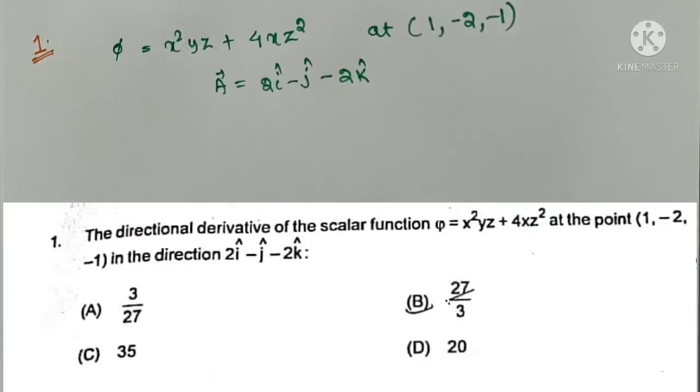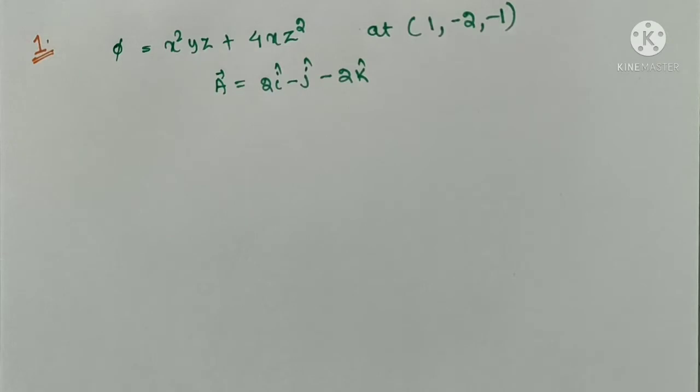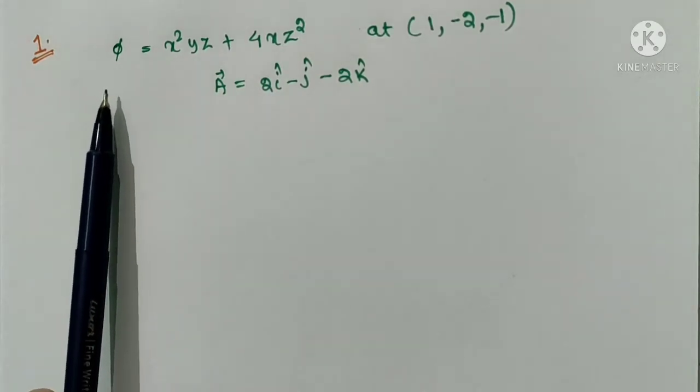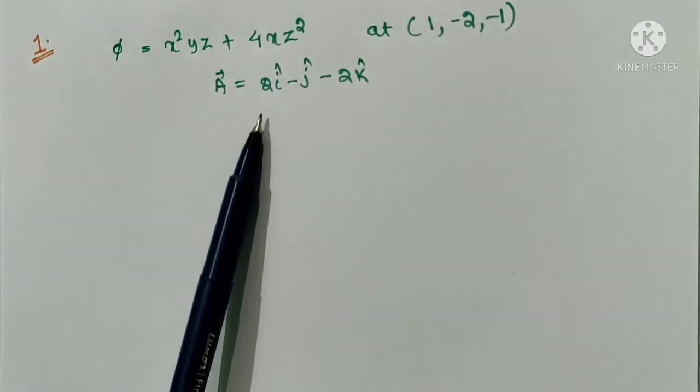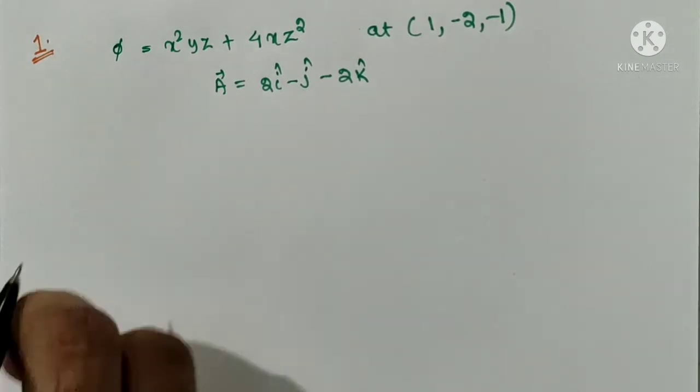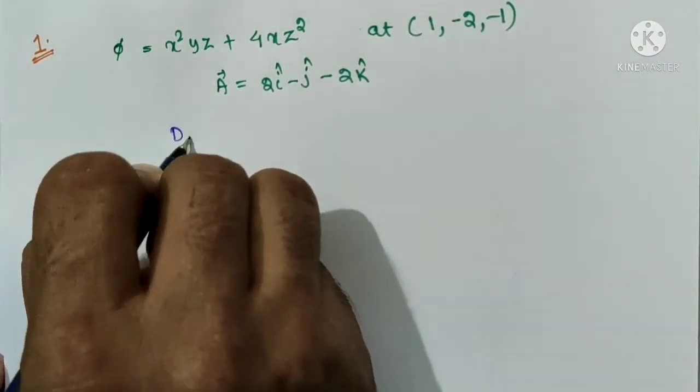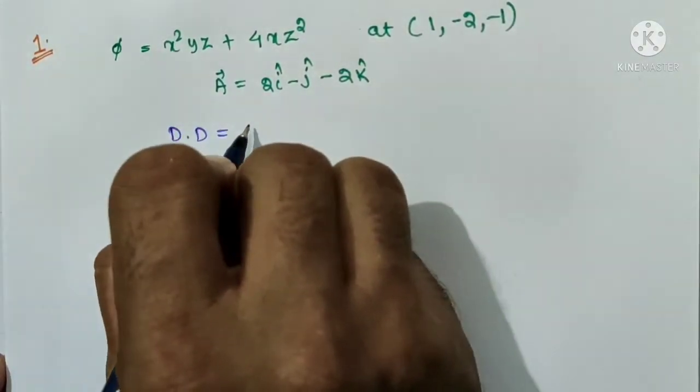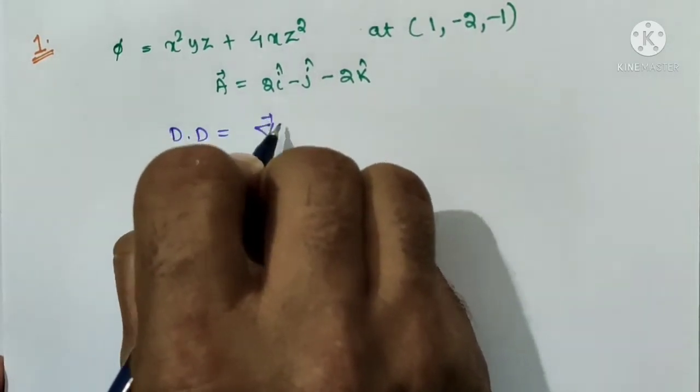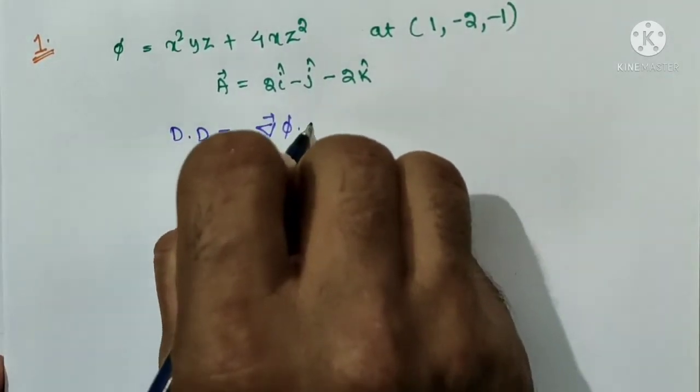So we have to find the directional derivative of this scalar function phi in the direction of this vector. And directional derivative is defined as the rate of change of phi with distance along the direction of this vector. Mathematically, it is defined as the component of grad phi along the direction of this vector, that is a cap.